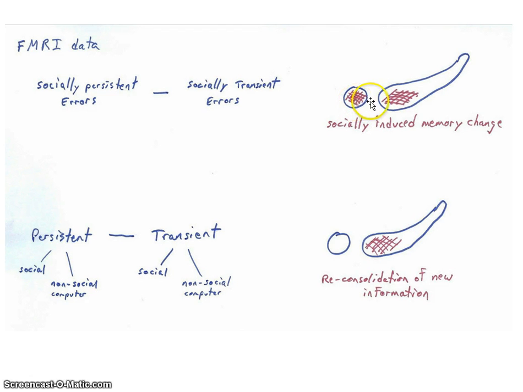And the amygdala activity in conjunction with hippocampal activity can begin to consolidate that social information. But if we're just looking at the persistence of new information, then it's the hippocampus alone. So here the idea is increased hippocampal activity is correlated to just reconsolidating new information, whether it's from social origin or from a computer or whatever. But notice no coactivity of the amygdala. It's as if the social nature of the information is triggering amygdala activity.